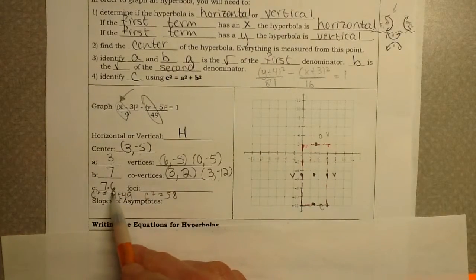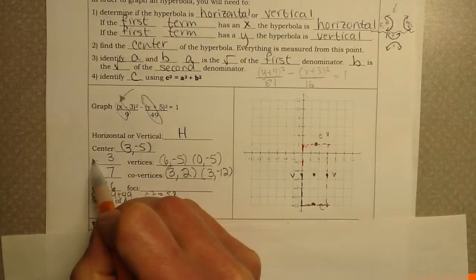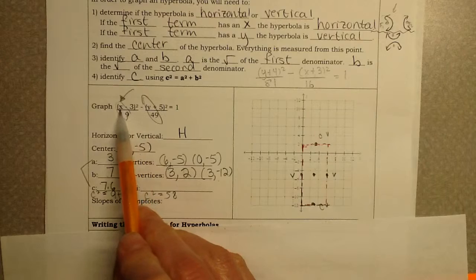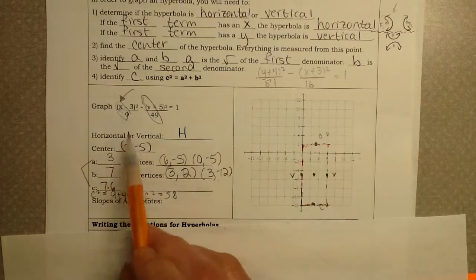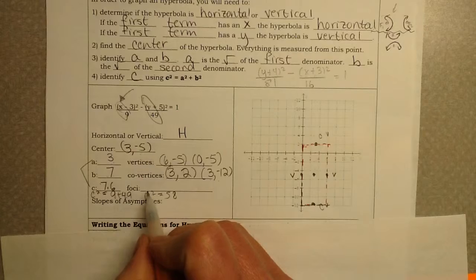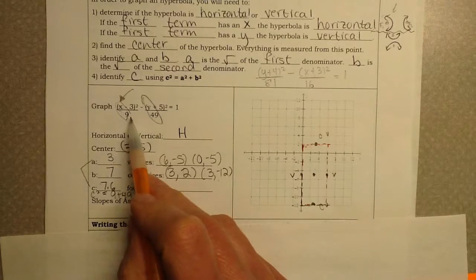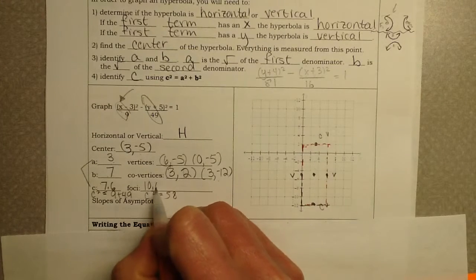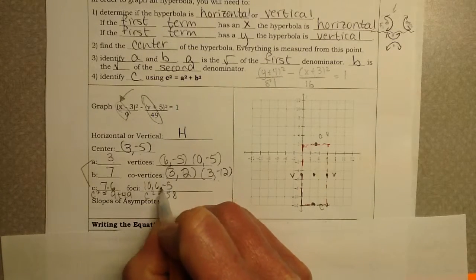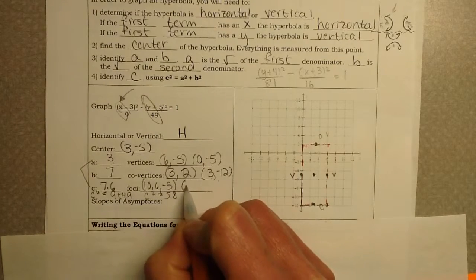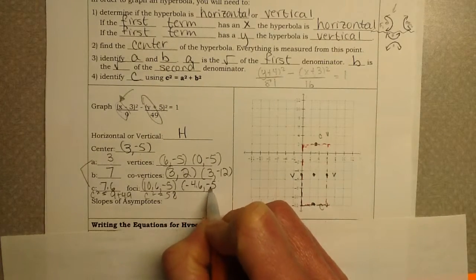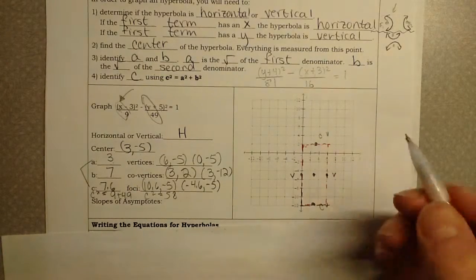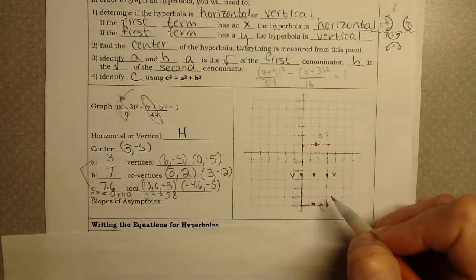All right, so we're going to add 7.6. Now remember, the foci and the vertices are always on the same axis, and with a hyperbola they're always going to be on this first axis. So we need to add to the x coordinate, and you'll be able to see if you put the foci in the wrong spot once you go to graph it. So the foci are going to be at 10.6, -5, and -4.6, -5.